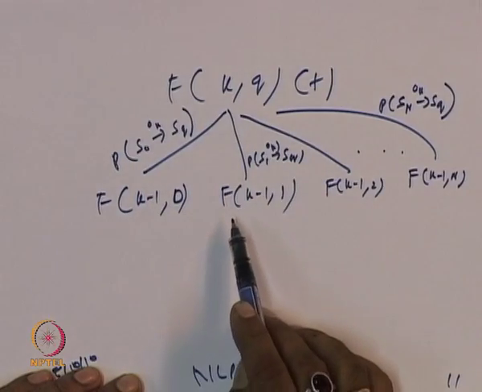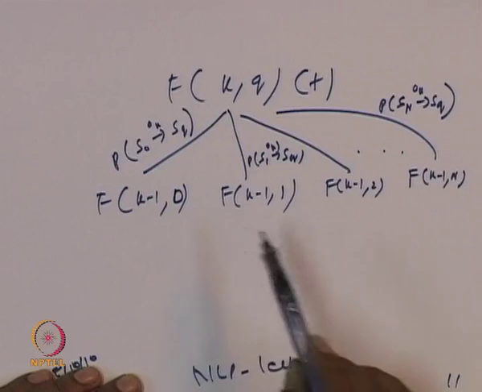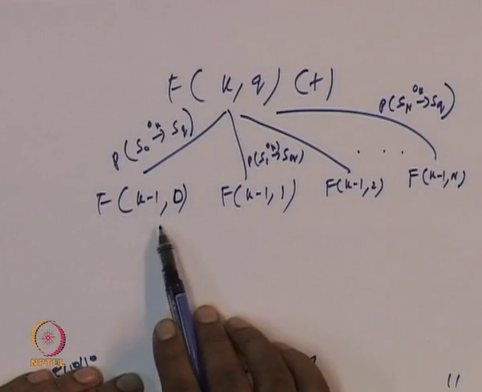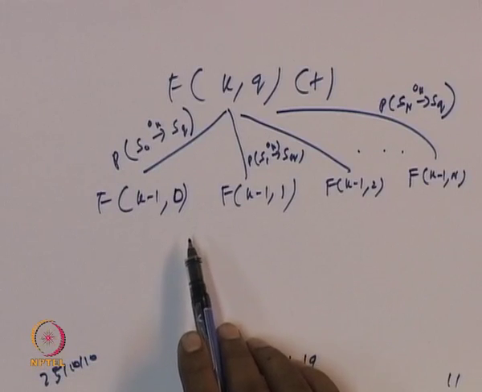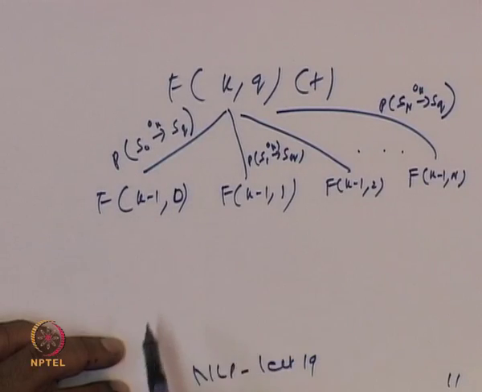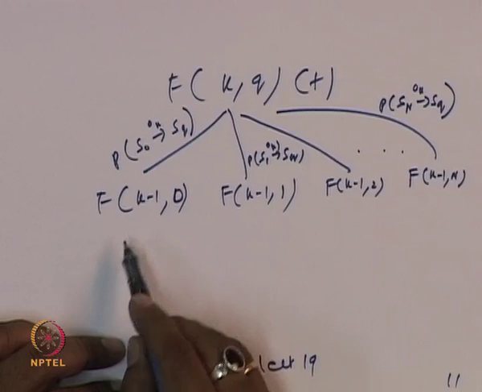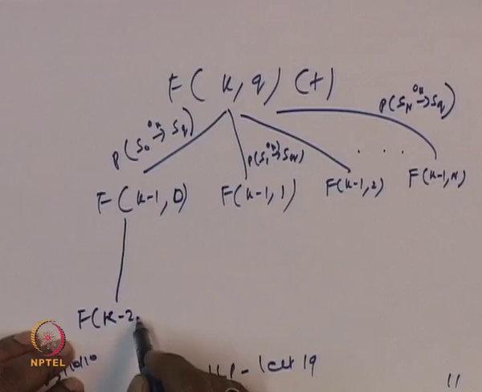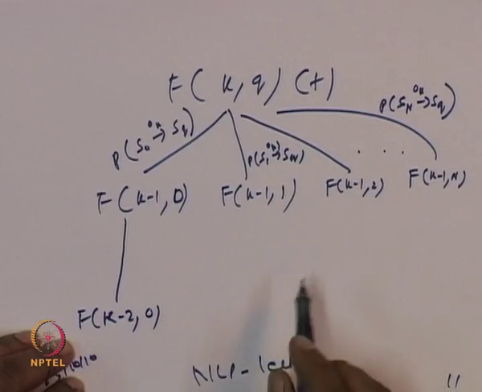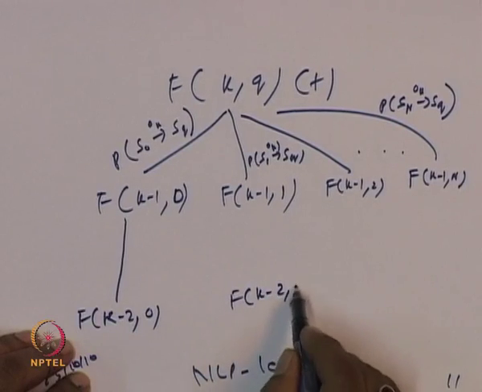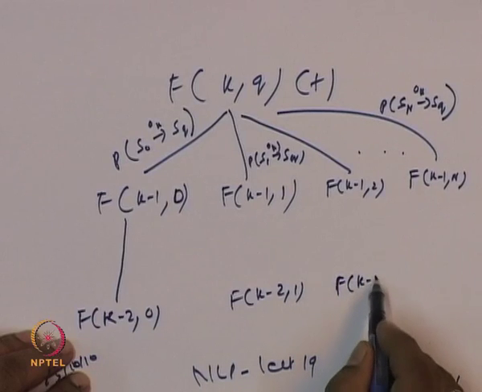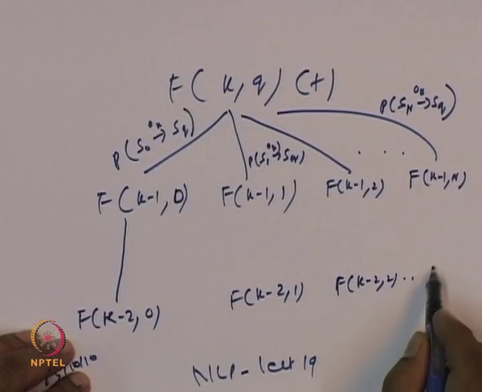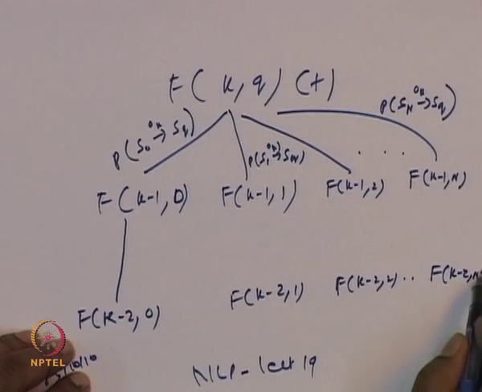So, we can see that at every stage we have n computations. Now, f k minus 1 0 can again be computed as follows: f k minus 2 0, f k minus 2 1, f k minus 2 2 up to f k minus 2 n.